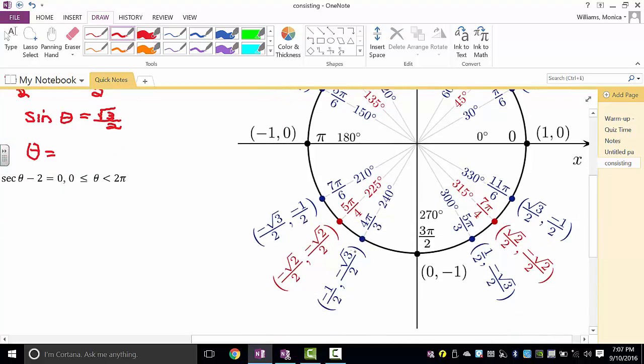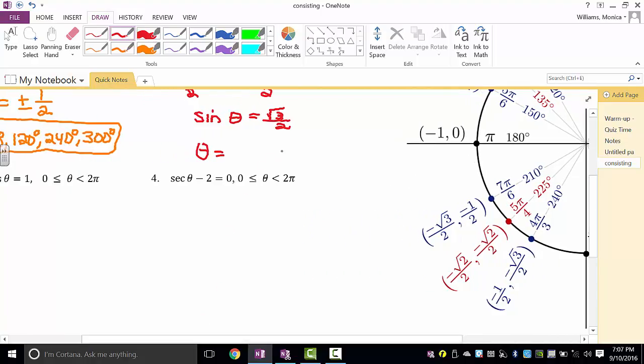This is negative 3 pi over 2, so that does not apply, and this does not apply because we're looking for positive radical 3 over 2. So pi over 3 and 2 pi over 3 would be the solutions.